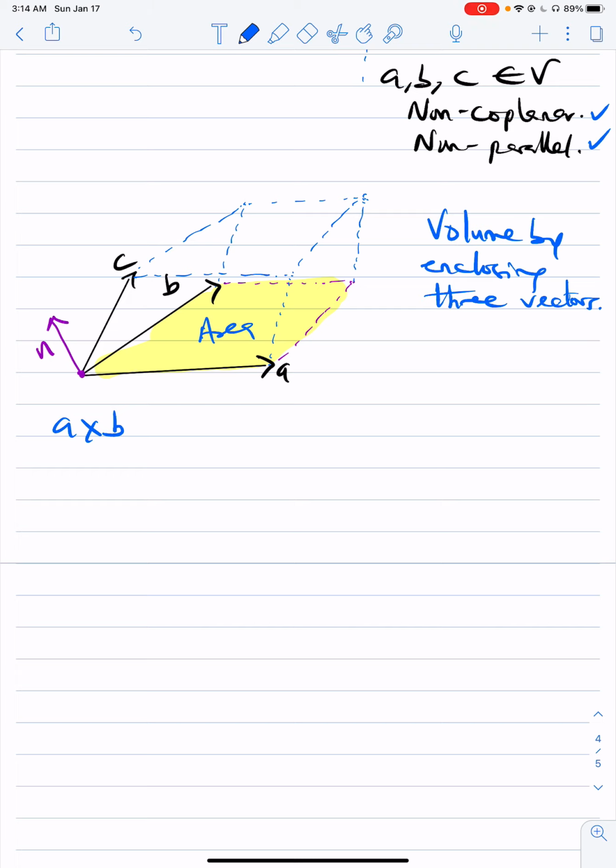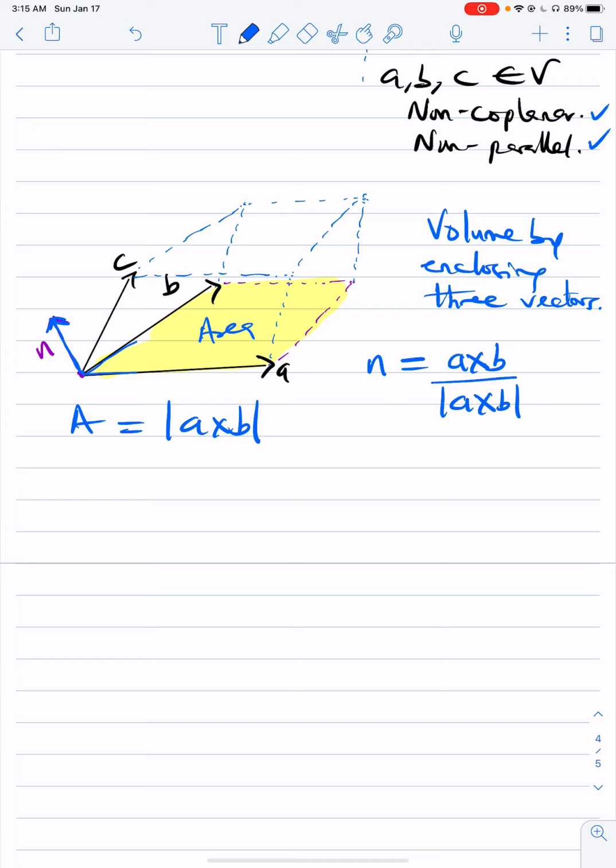That's the area. So let's say area is equal to this. This unit normal, right? It's like a unit vector, and you know what unit vectors? Unit vector to this plane spanned by A and B. So the unit vector n is equal to A cross B divided by the magnitude of A cross B. Right.